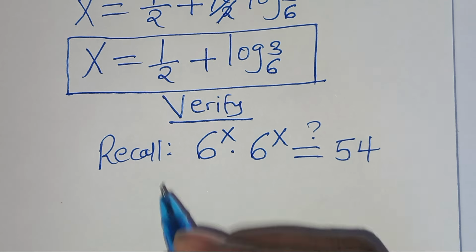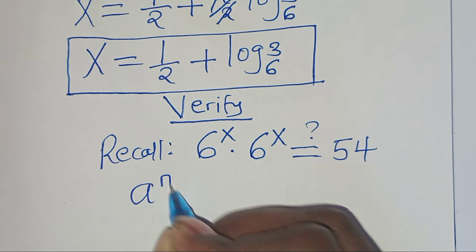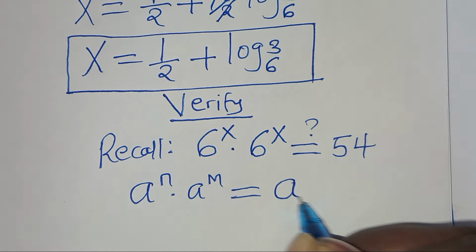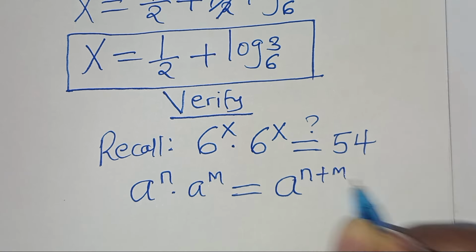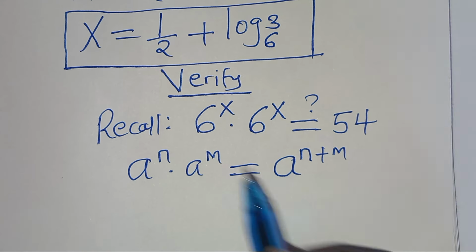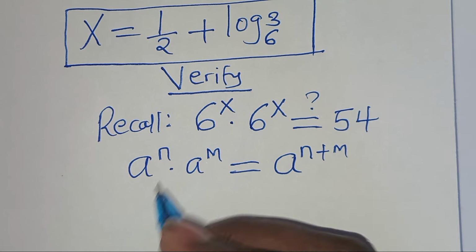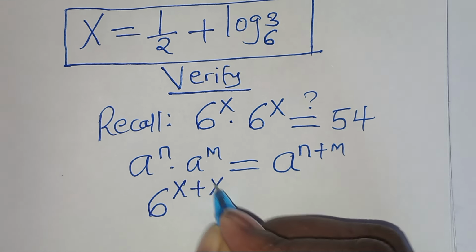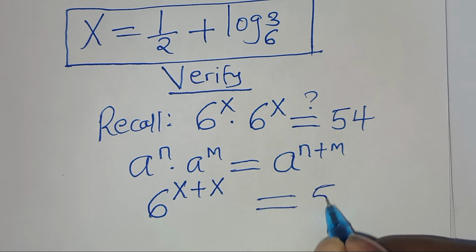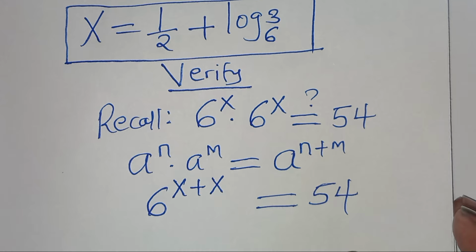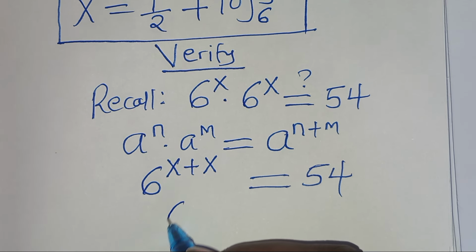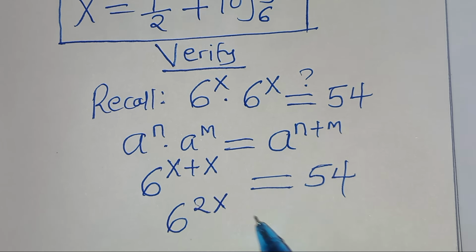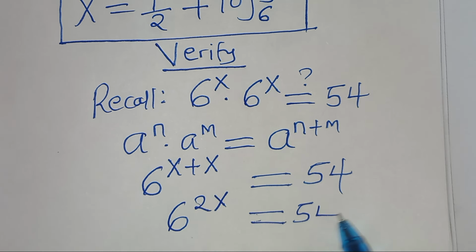This exponential equation is in the form of a to the power of n times a to the power of m, and this can be expressed as a to the power of n plus m. Applying this property, here we have 6 to the power of x plus x, which is 6 to the power of 2x. This should give us a value of 54.